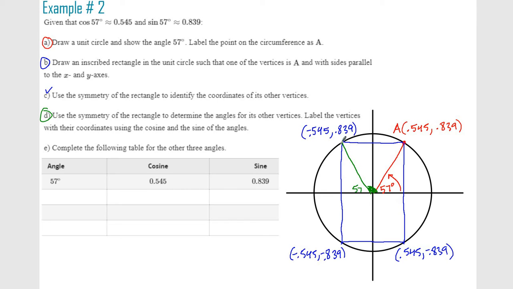So the angle for this one, which I think they labeled E, is 123 degrees. At E, it's at angle 123 degrees because you measure from the x-axis, from (1, 0).